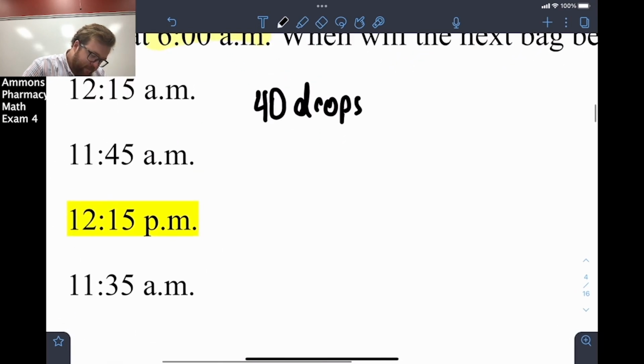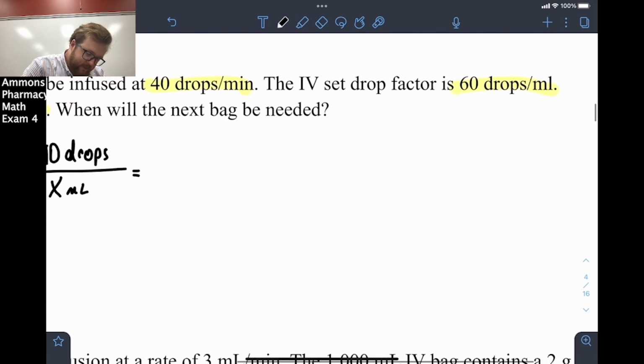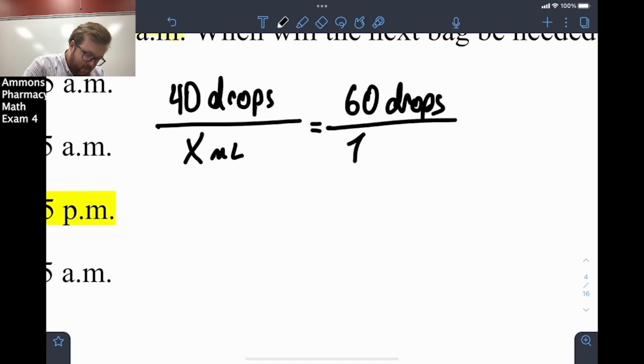We need to know how many mils that is. And my conversion factor is 60 per. Okay, that's going to tell me how many mils that is.